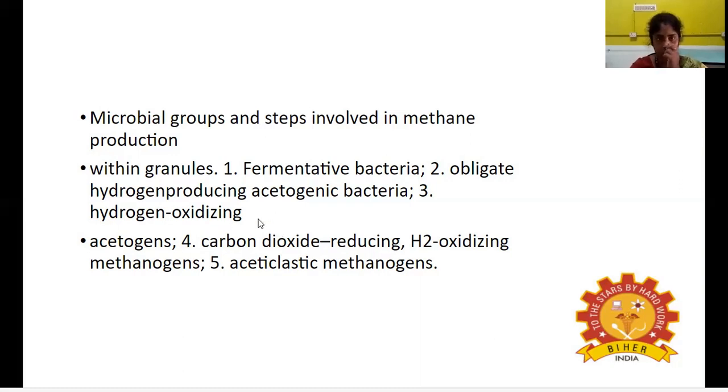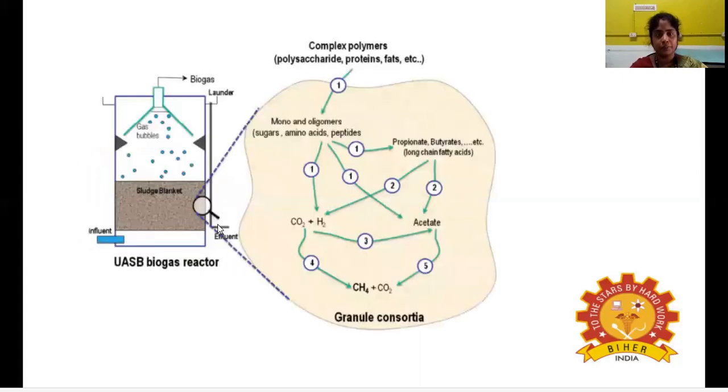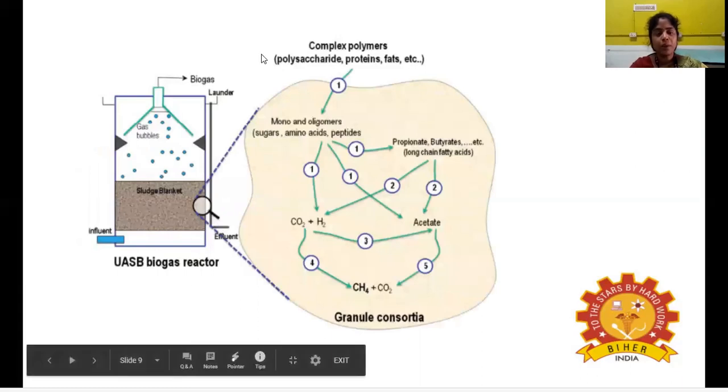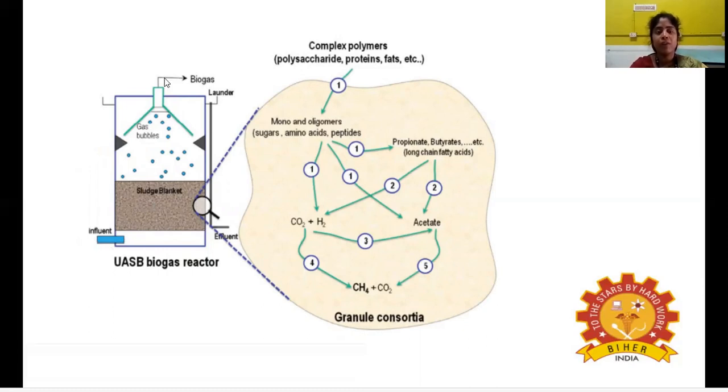In this case, for our first example, we'll see biomethane gas production. How does this biomethane gas production take place? This is the reactor where you give the input as an influent, in which a mixture of organisms will act on it.